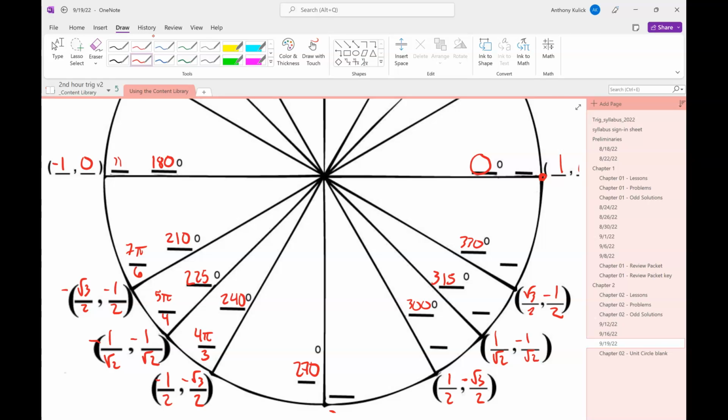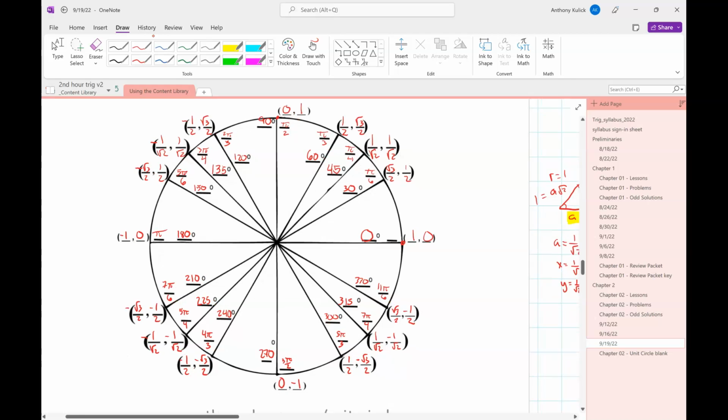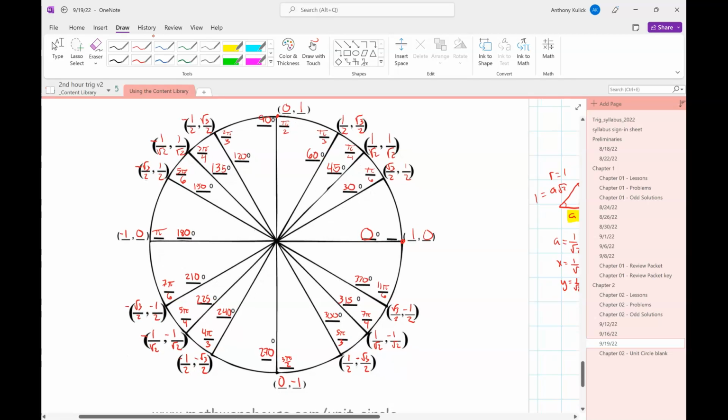Oh, this was pi. This is 3 pi over 2. And then we are 5 pi over 3. And then 7 pi over 4. And then 11 pi over 6. Dun dun dun dun! Wow. The unit circle.